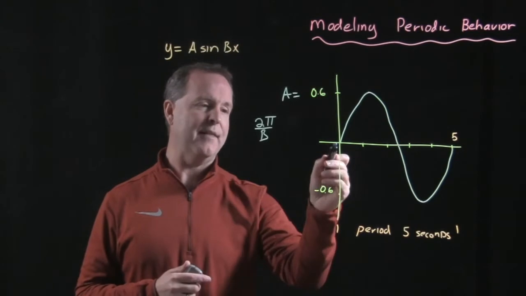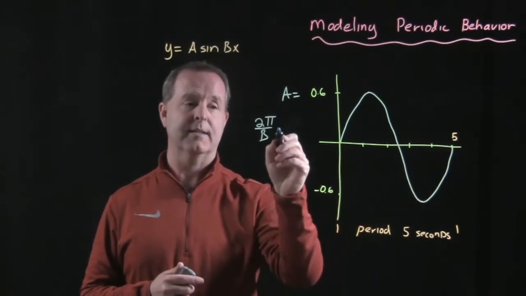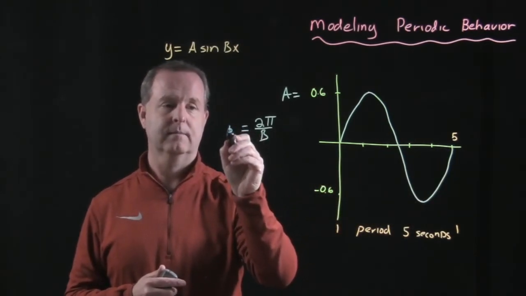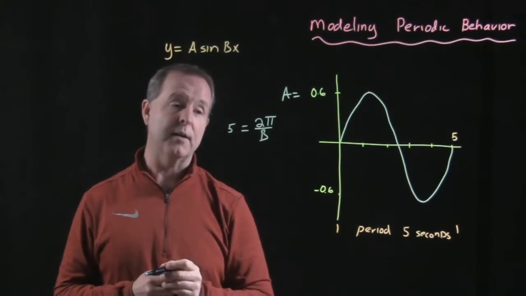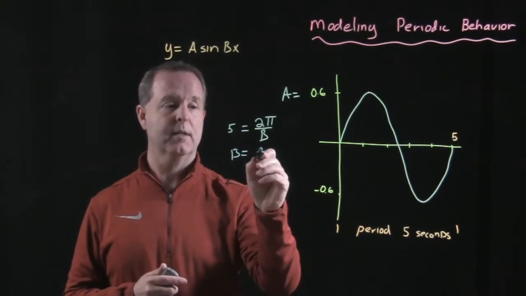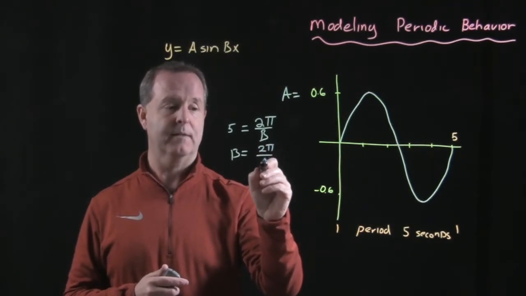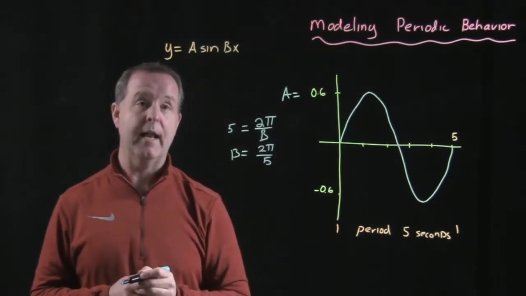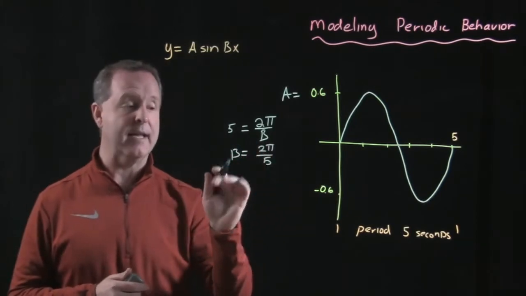Well, we discovered that this full period is 5 seconds. And now what I want to do is just simply solve for b. And this would become b equals 2 pi fifths. So now I have all my variables taken care of.